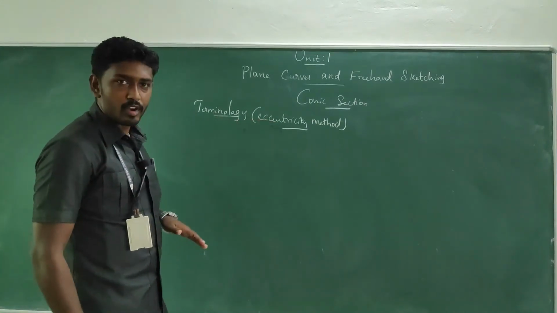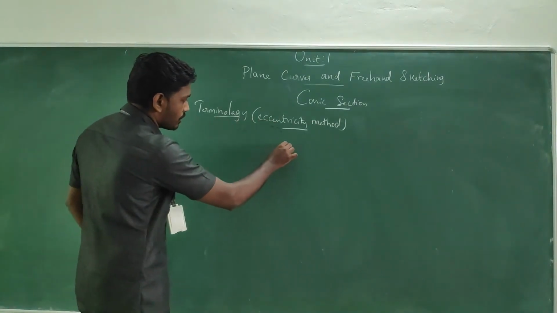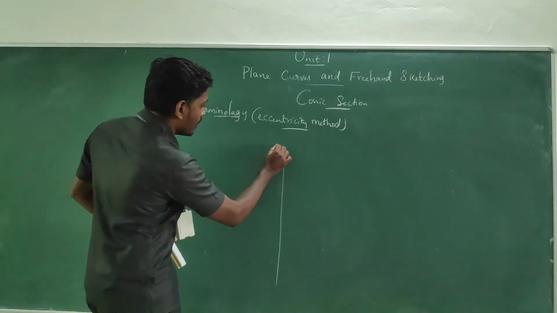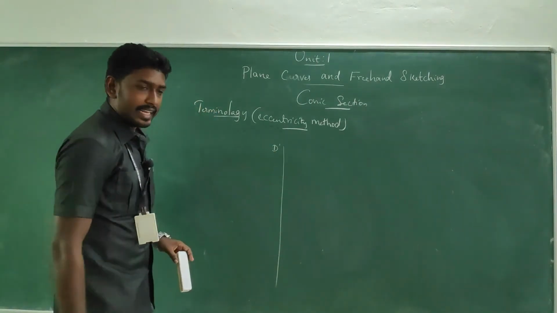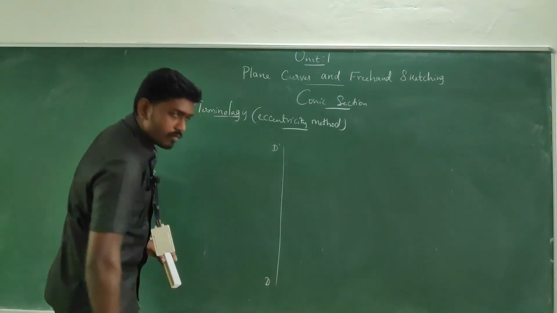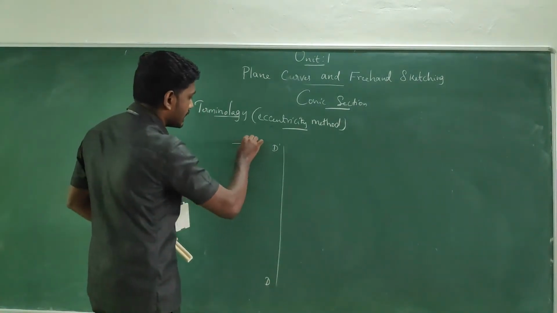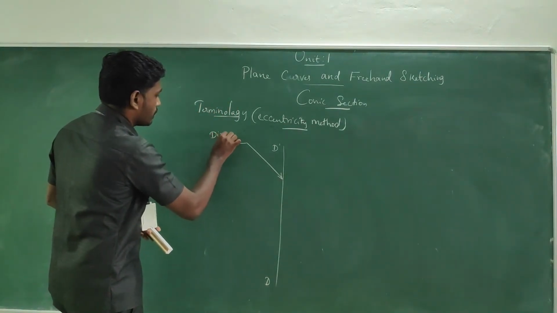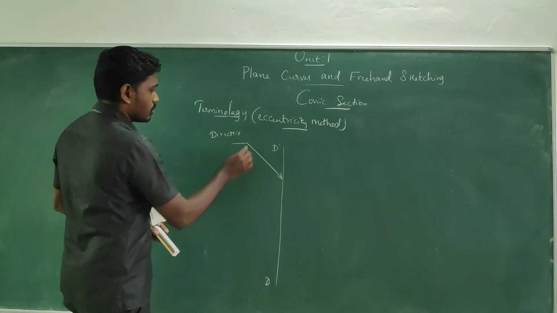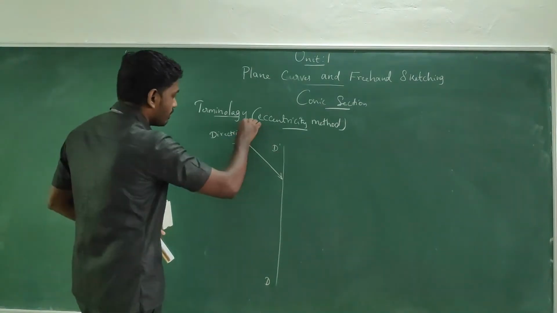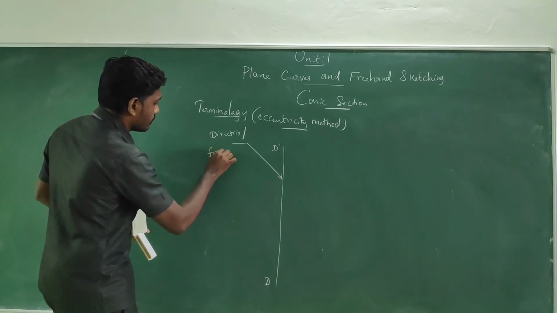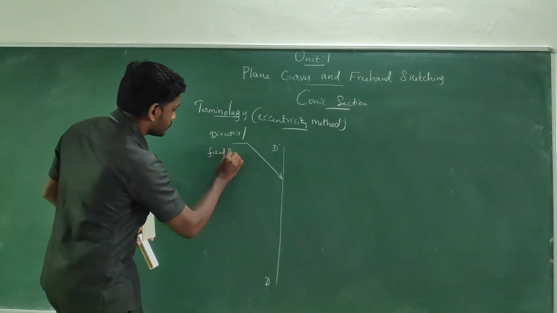Let's see the terminology involved. First of all, we have the vertical line, that is D dash and D. This is nothing but the directrix, or in other words, you can say a fixed straight line.